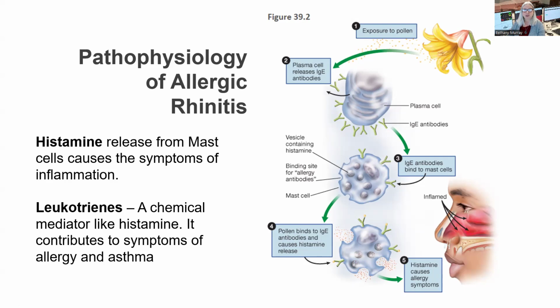It may be expressed as itching, loss of function, and edema or swelling. A secondary thing that happens is there is one of the 7 chemical mediators of inflammation called leukotriene. And leukotrienes also will be released and contribute to the symptoms of allergy and asthma.